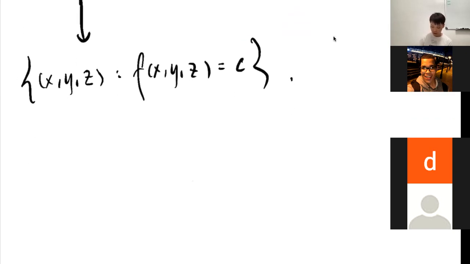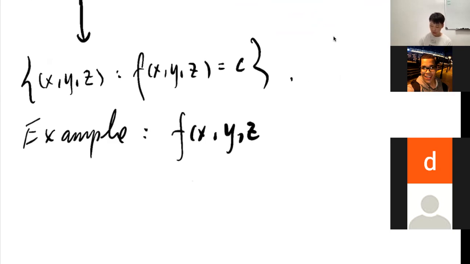So for example, say you have f of x, y, z equal to x squared plus y squared plus z squared.